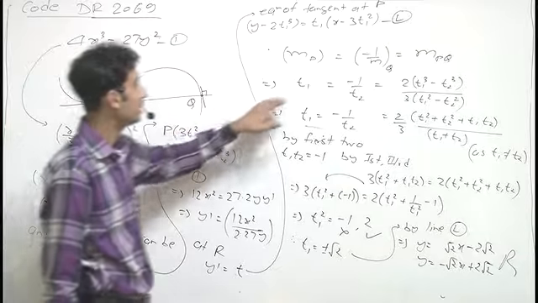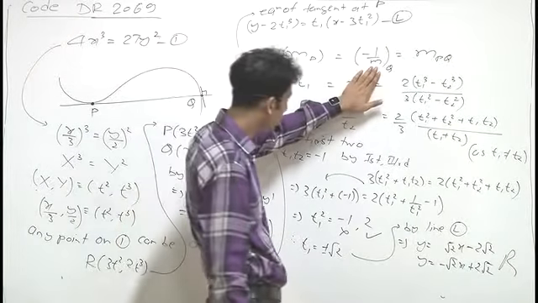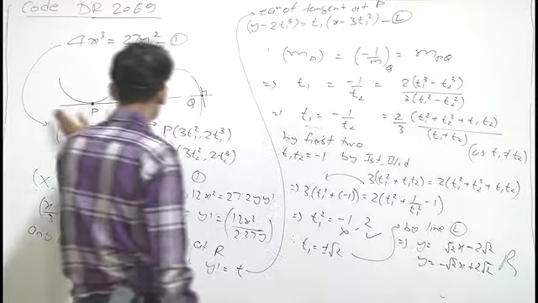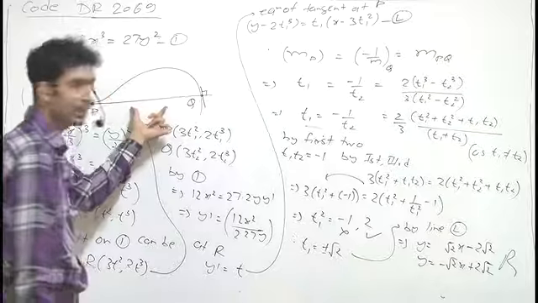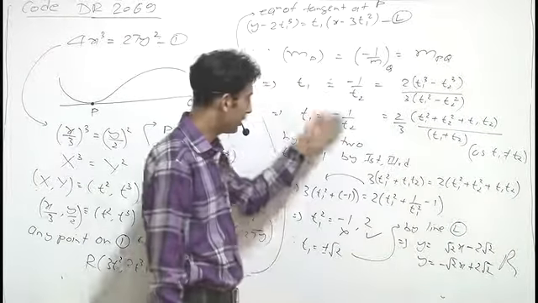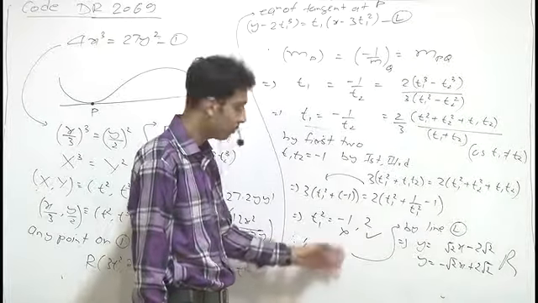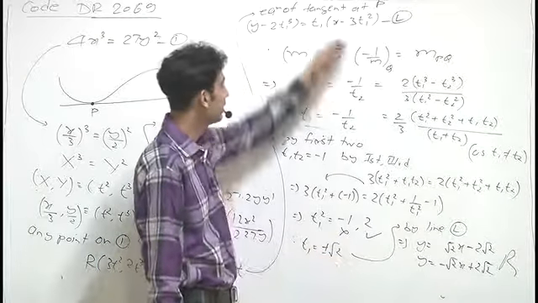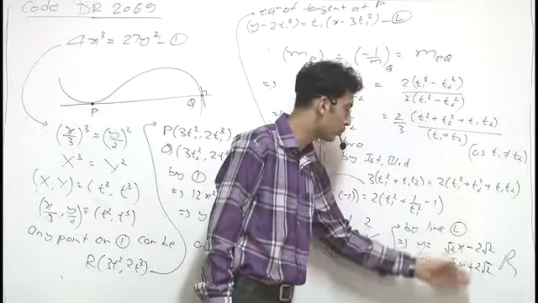Now we have calculated the slope of tangent at P equal to the slope of normal at Q and the slope of line segment PQ. We have calculated the slope of this line in three different methods. And finally, on calculating, we have the value of t1 as plus minus root 2, and if we use this value in the L equation, we have two different tangents which are the required answers.